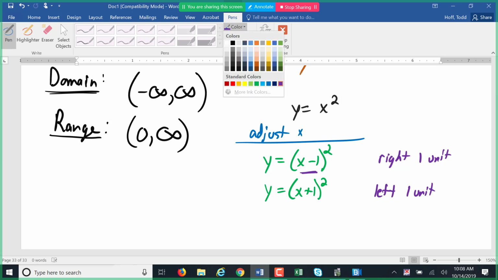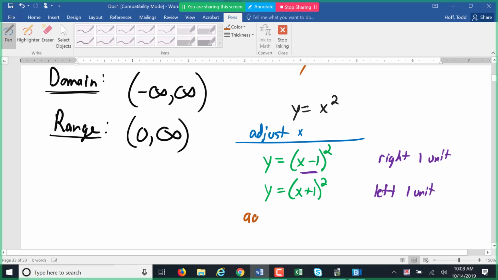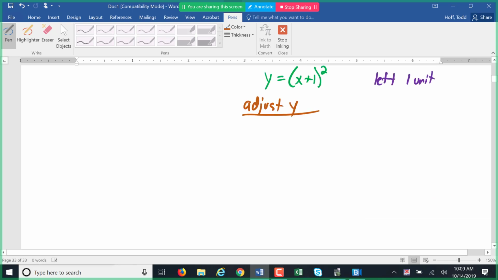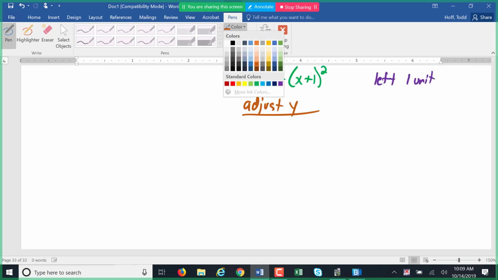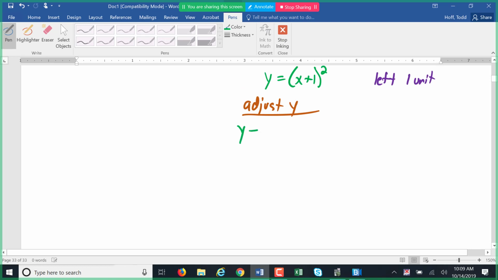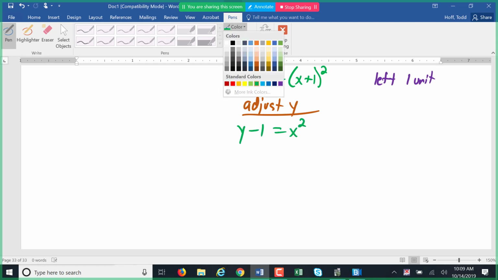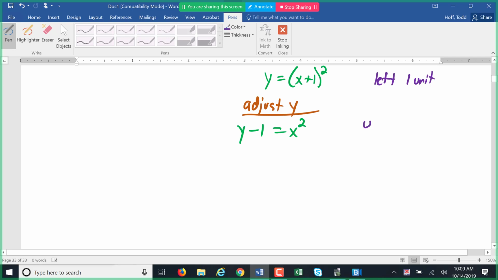To move it up and down, we had the same relationship with y. To adjust y, I had y minus 1 equals x squared. That minus 1 moved it the opposite direction, up 1.